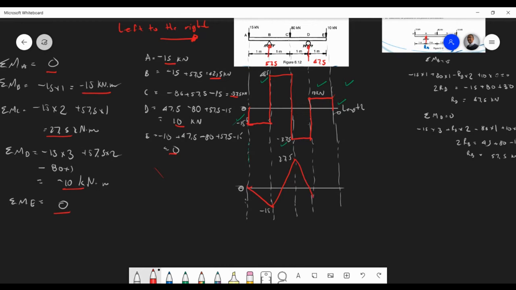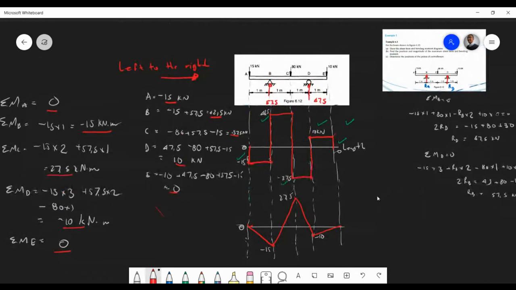Maybe that's around here, minus 10. And of course, we're going to end up closing the diagram. The diagram should always close up like that. Are we all happy? These are perfectly straight lines, by the way, so I'm just making you aware of that. Are we all happy with this? Okay, I'm assuming we are.